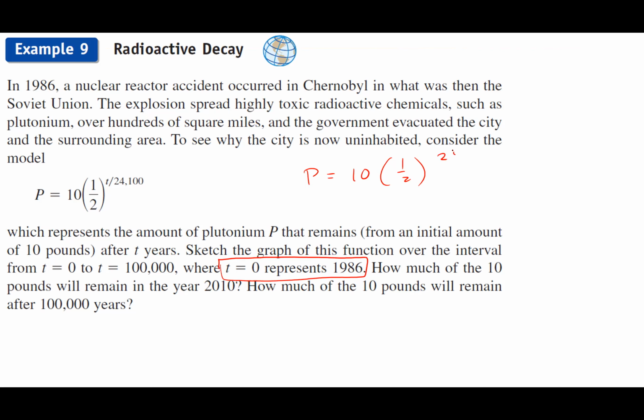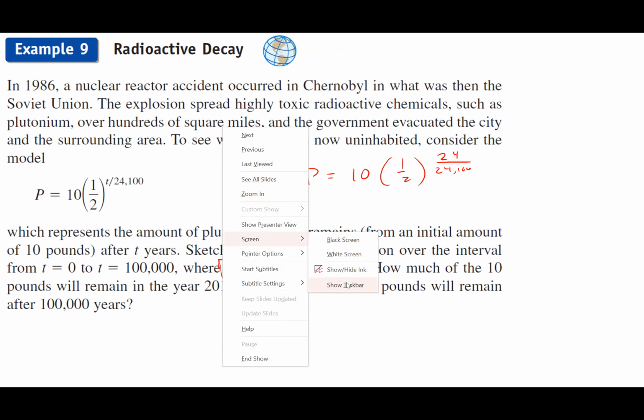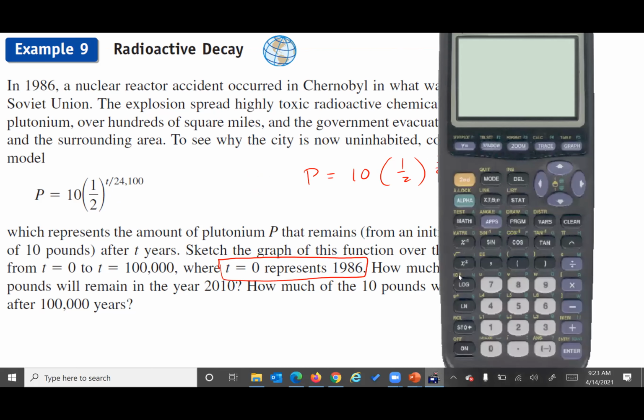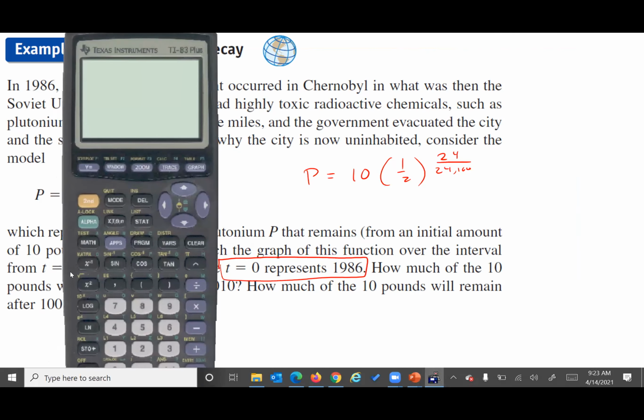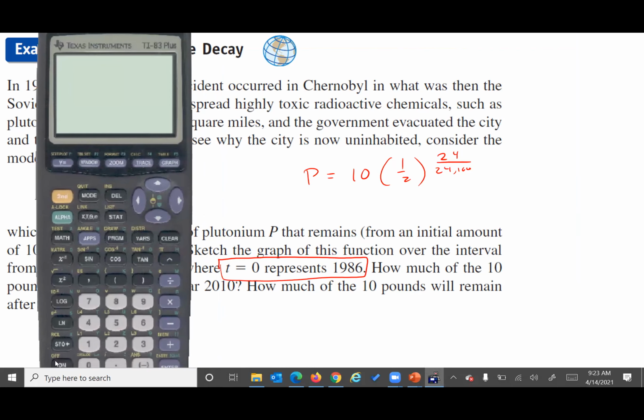So it'd be 24 over 24,100. All right, we're running out of time here. Let's just do this one, then do 100,000. We can probably get that in there.